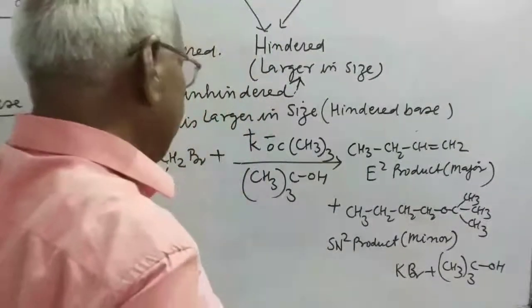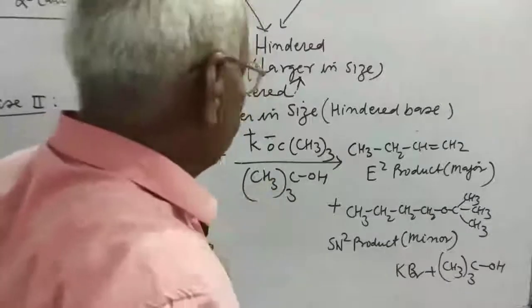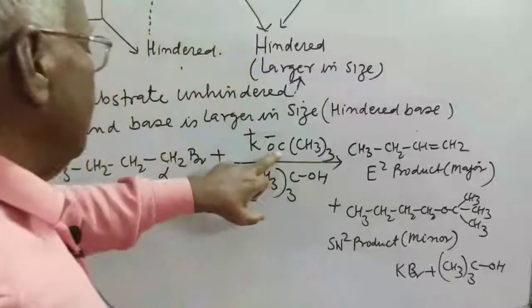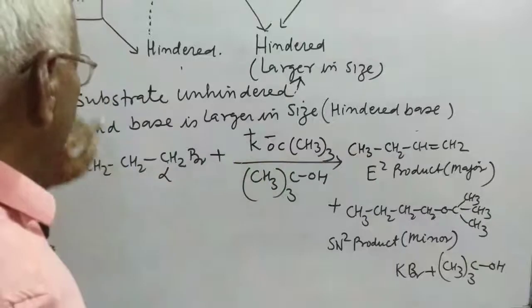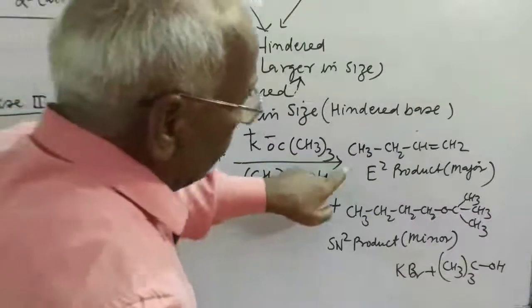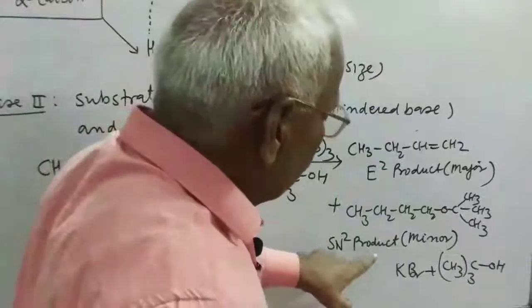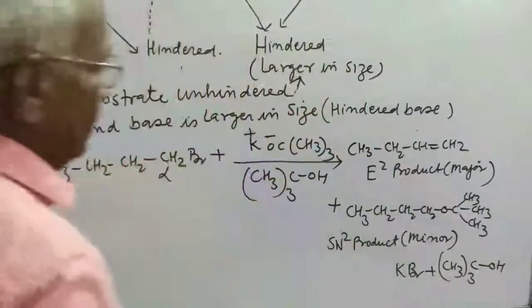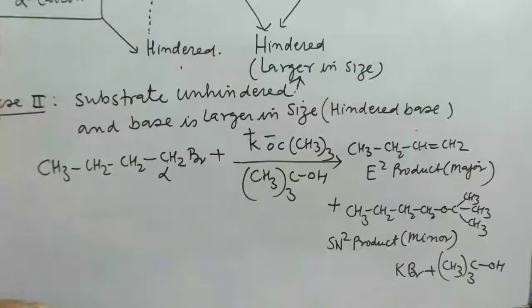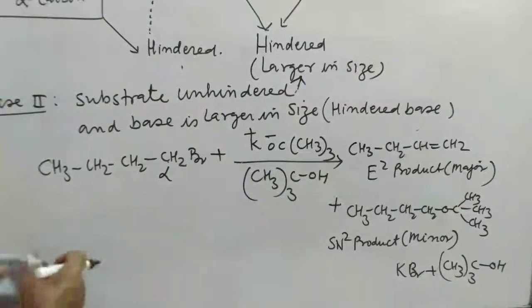Change of base gives the change in product. When this base is taken, which is larger in size, but the substrate is the same, in this case E2 product is major and SN2 product is minor. So this is competition. By change of base we are changing the product.